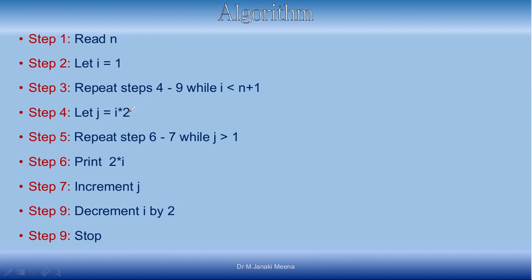Yes, it should be i into 2, because this is the inner loop initialization.